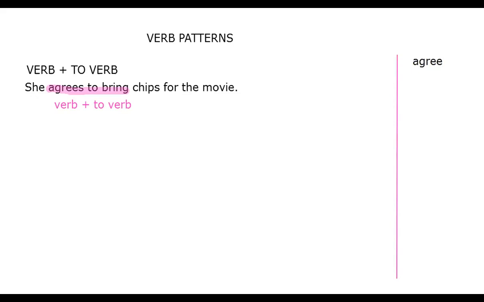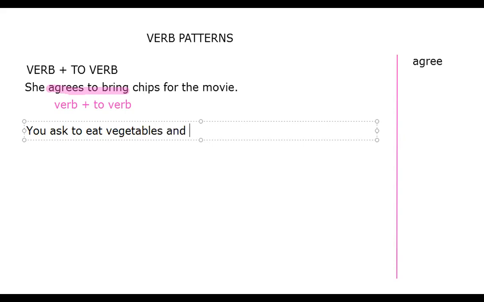Another one, for example, ask. You ask to eat vegetables and fruit.